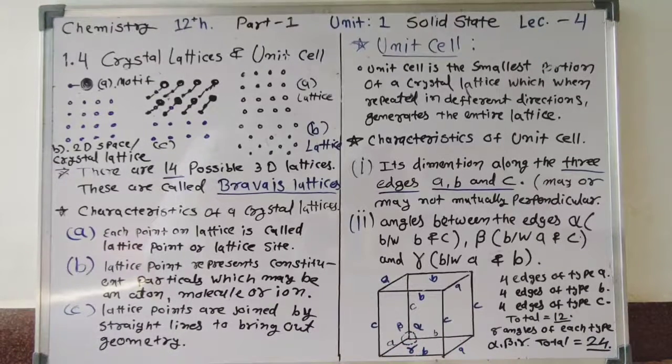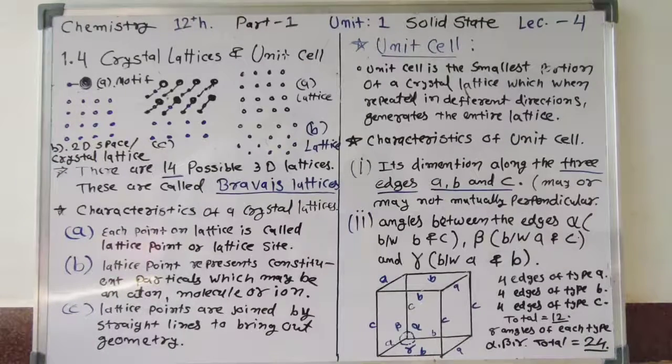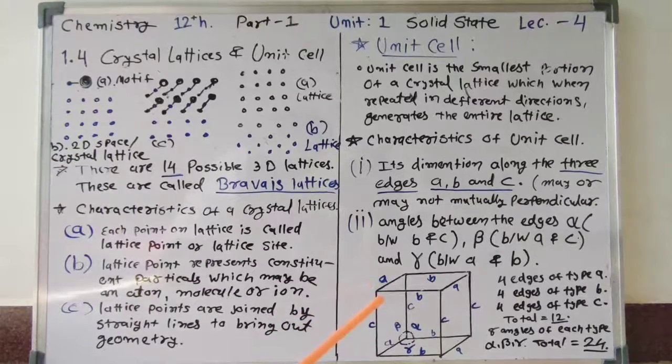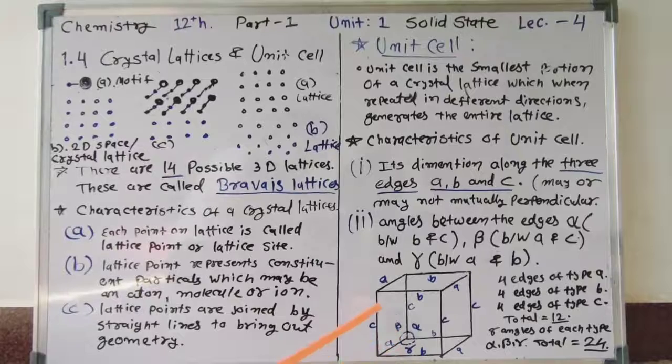Now, as we know, in this type of cubic shape we have a total of 12 edges and 24 angles. As we can see in this figure, we have 4 edges of type a, meaning by measure they have the same length. Similarly, we have 1, 2, 3 and 4 of b type and 1, 2, 3 and 4 of c type. All of them have the same measurements.